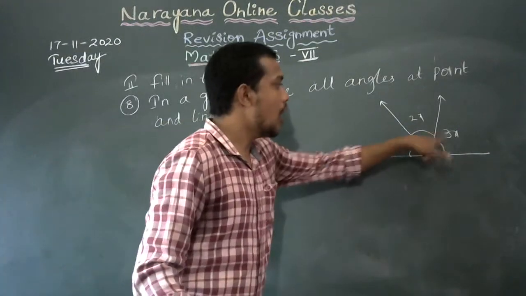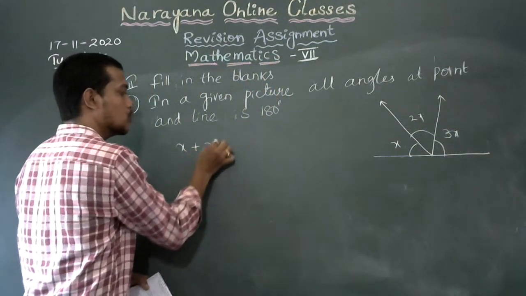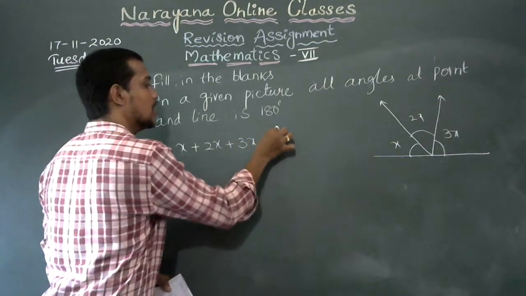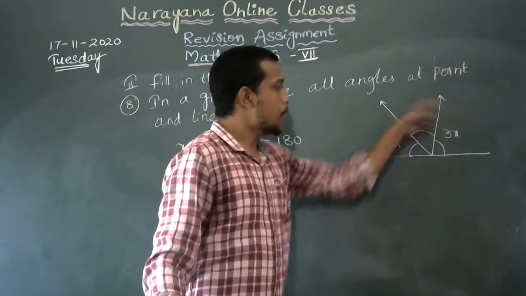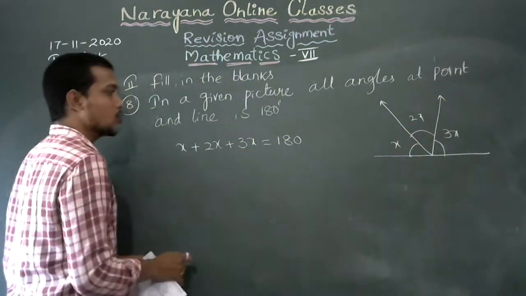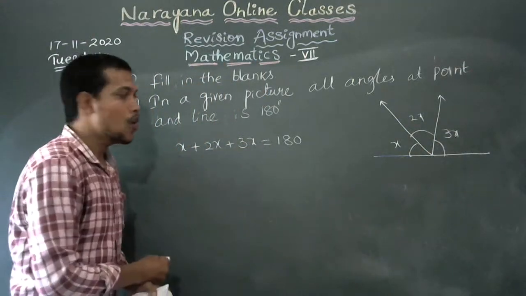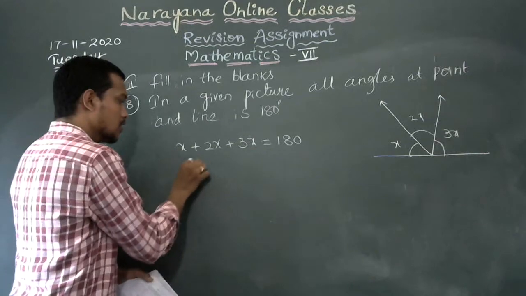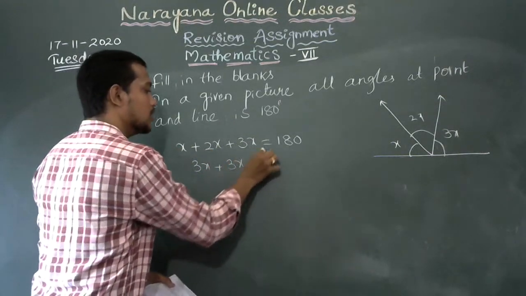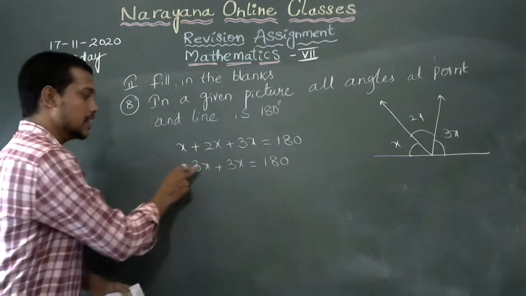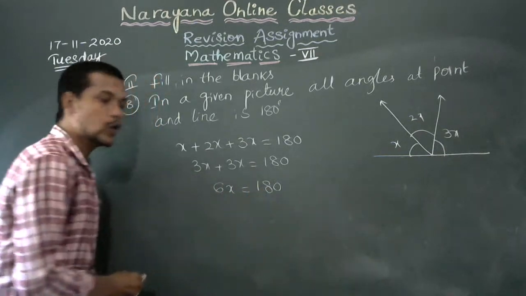So sum of all angles in a straight line means 180. So x plus 2x plus 3x equal to 180. This is a straight line now. In this straight line, the complete angle is 180. So that's why I am adding all 3 angles. x plus 2x means 3x, plus 3x equal to 180. 3x plus 3x means 6x equal to 180.